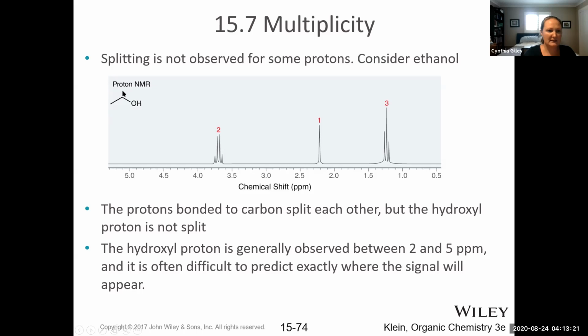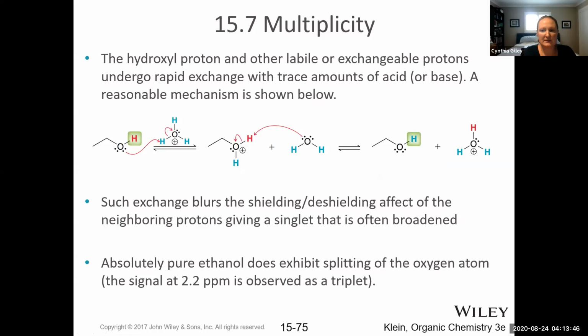So even though these hydrogens are neighbors, they don't split one another. Why is that? And this is going to happen again with NH or OH, potentially. For most alcohols, the signal is observed between 2 and 5 ppm, but this can vary. This is one of the types of protons that can potentially move all around the spectrum, depending on the structure. So it's not a very set chemical shift.